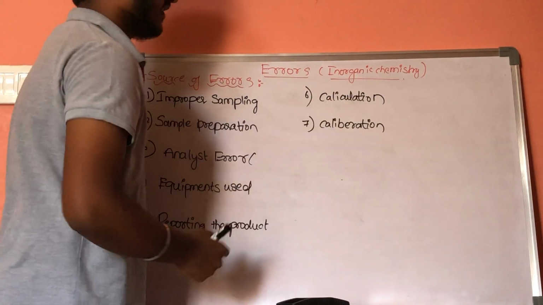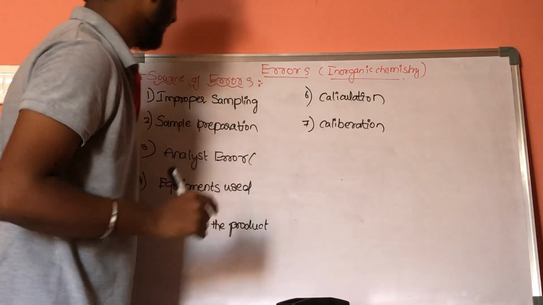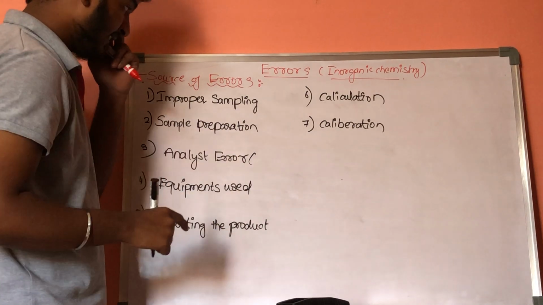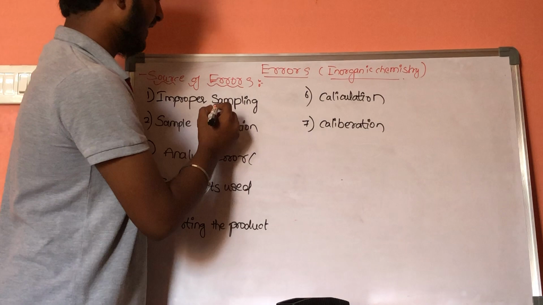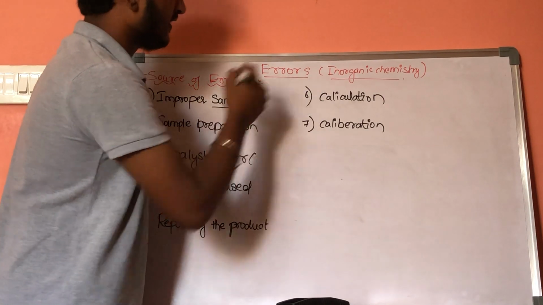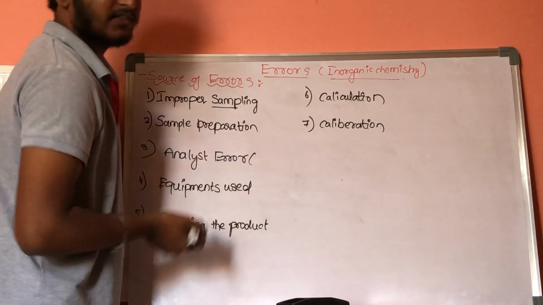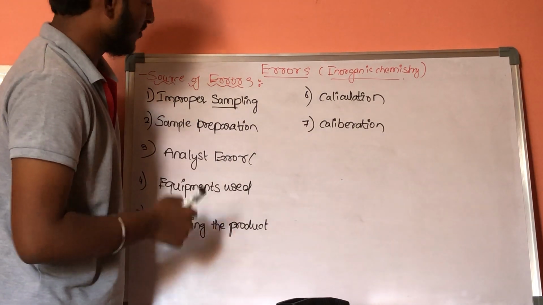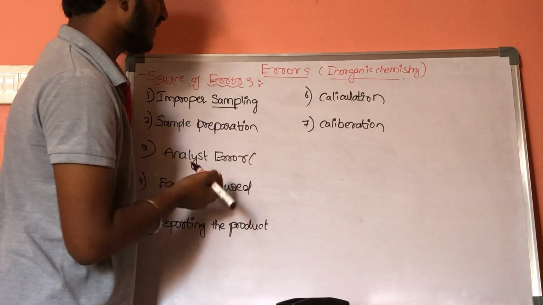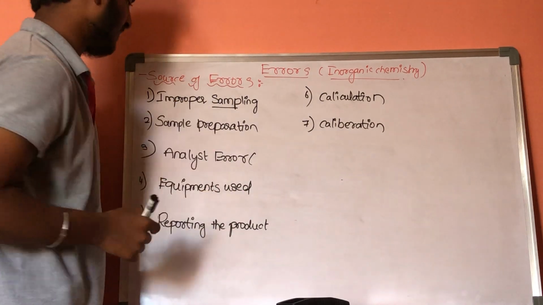Sixth is calculation. Seventh is calibration. Here, improper sampling: when we are performing any analysis process, we require some samples. When we do not use proper samples, an error arises. This is called improper sampling.